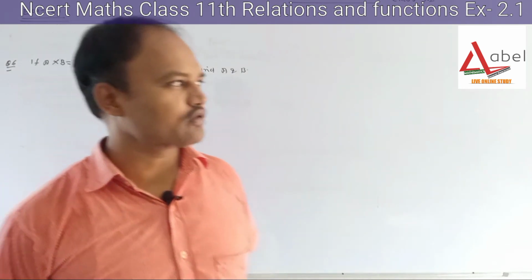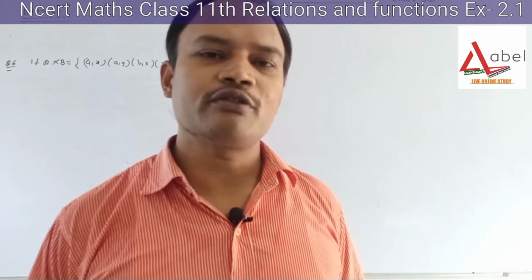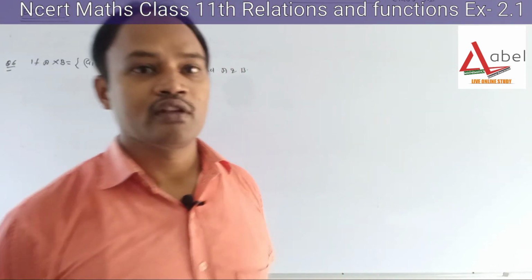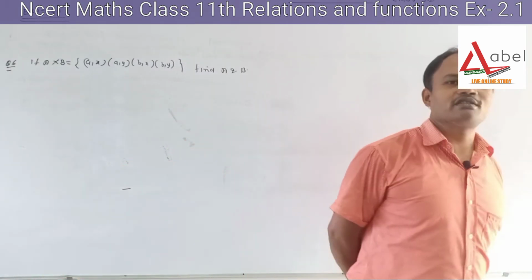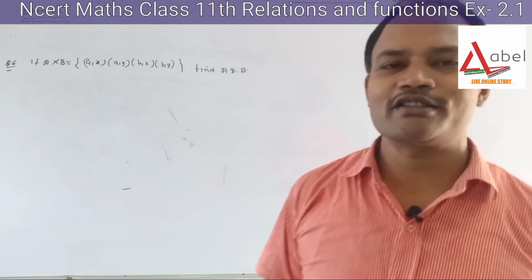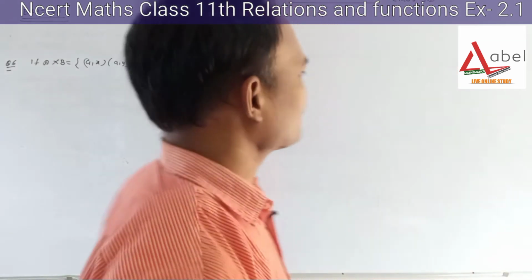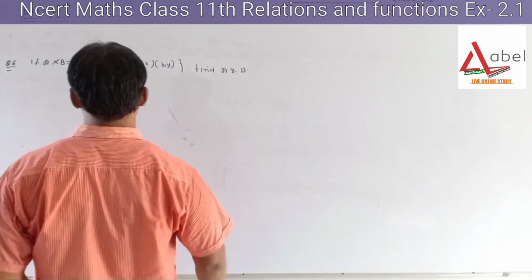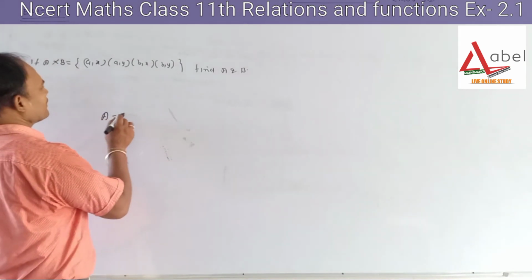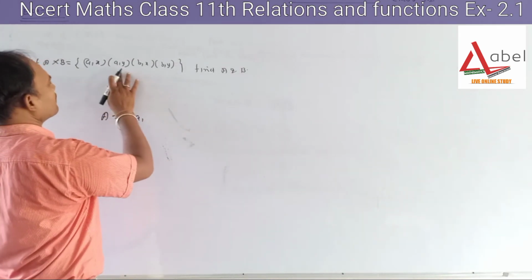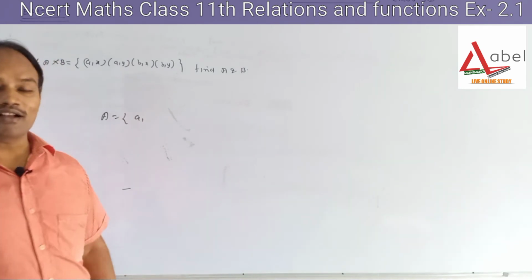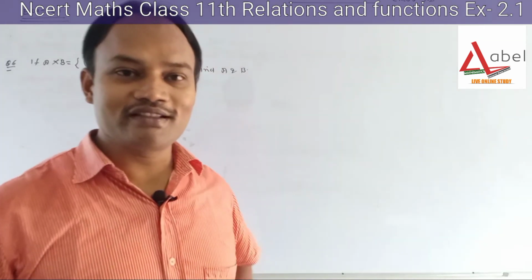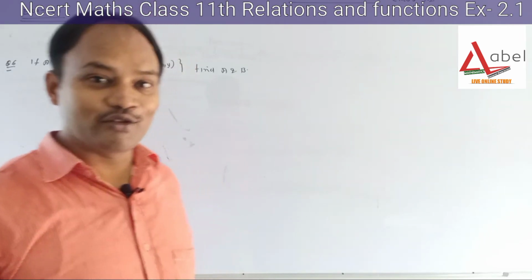Find A and B. So always remember, when we have to find the value of A and B from the relations, first elements are always from A and second elements are always from B. So first elements are a, a, b, b, but you know very well that repetitions are not allowed in a set. So don't repeat it.